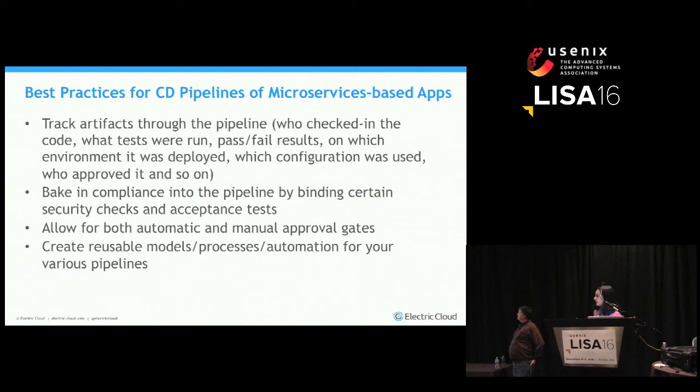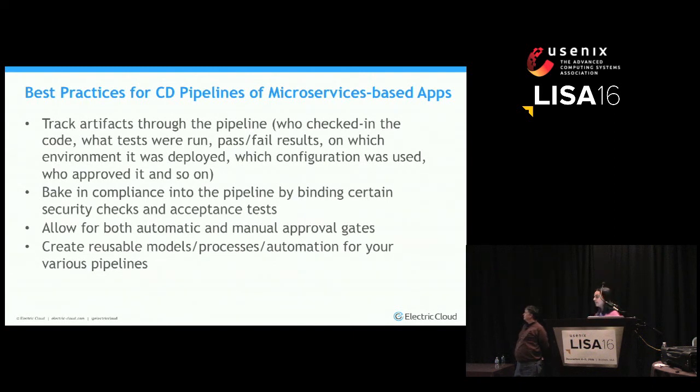So again, the tracking is about the visibility, having your pipeline be the one place where you go to see exactly what happened, who checked what in, what tests were run, where was it deployed, who manually approved something, so you can go back and have that one place where everything is documented. You can also then bake in your compliance, your security tests and acceptance tests into that entire pipeline.